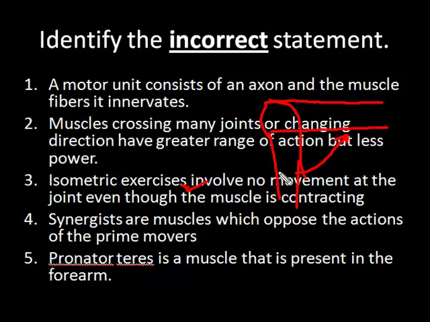At this point, as deltoid acts and the muscle contracts and movement occurs, this is isotonic. Now you keep your arm stationary at the shoulder for some time over here. The muscle is still contracting, but no movement is occurring, but the tension inside the muscle increases, and so therefore this is isometric. And then after some time, let's say you bring the arm back down. So for isometric exercises, that statement is true where it says no movement occurs even though the muscle is contracting.